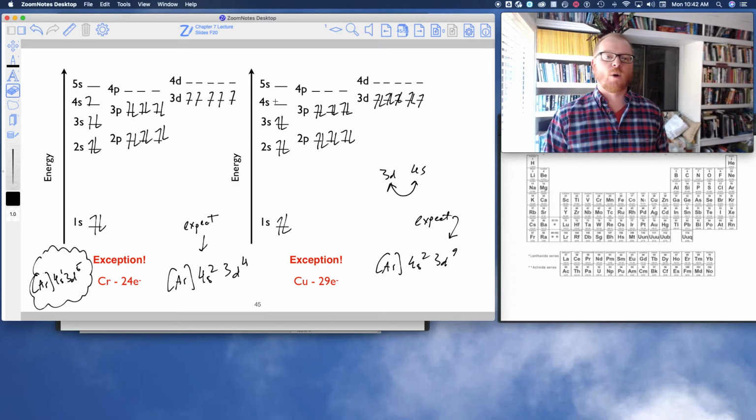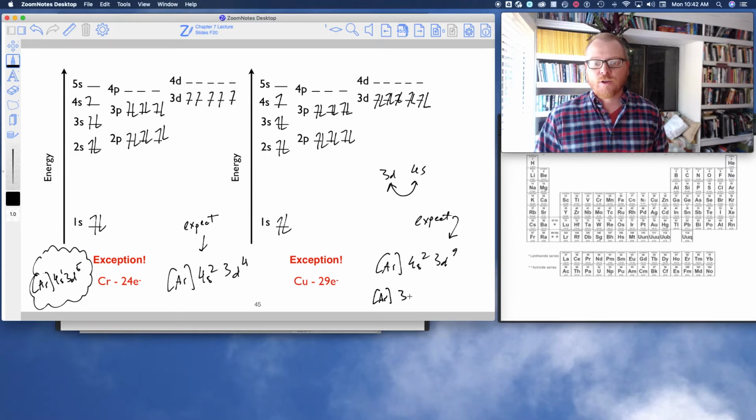Or subshell, nearly fully populated. So what ends up happening with this is now you get a 4s1 and a 3d10. So what you actually observe is the following. Argon, and it actually becomes 3d10 first and then 4s1.